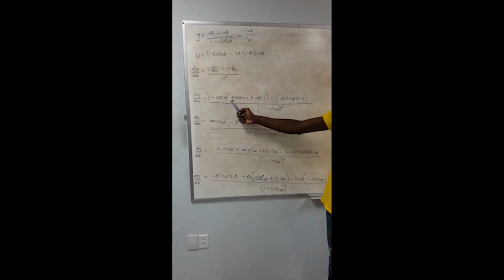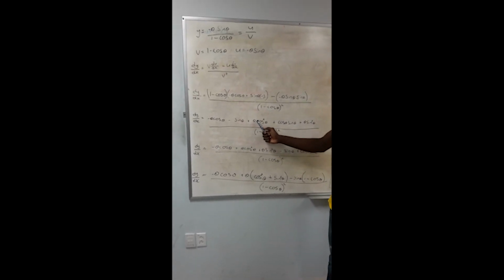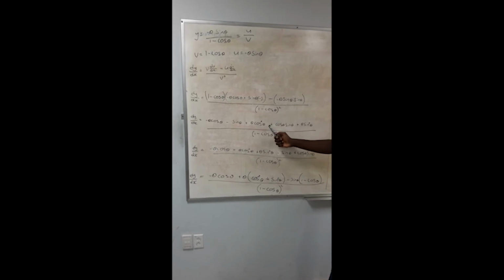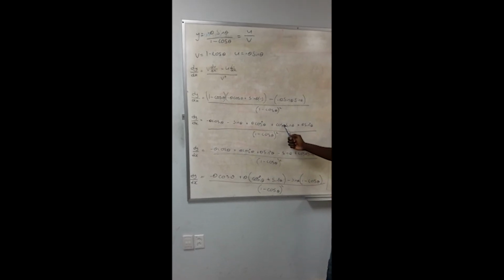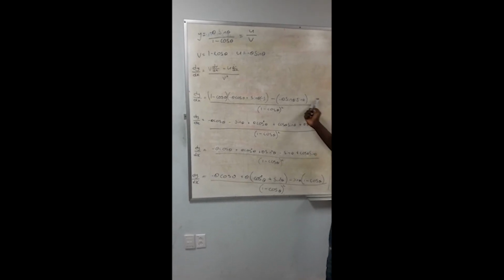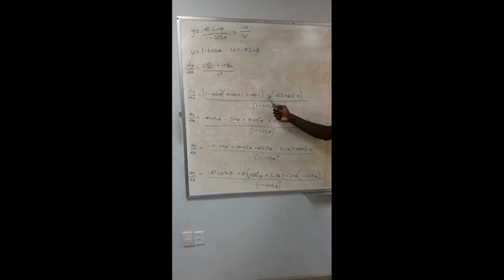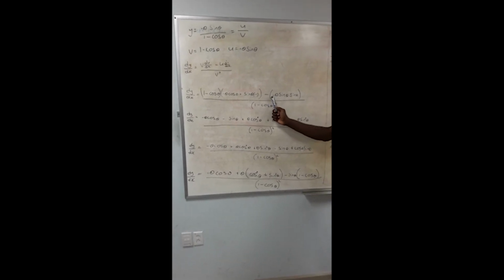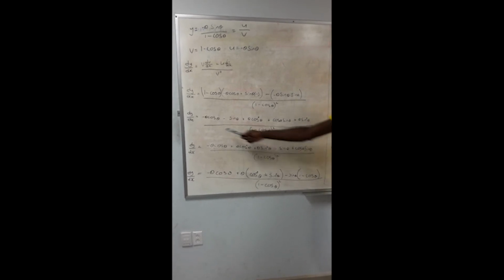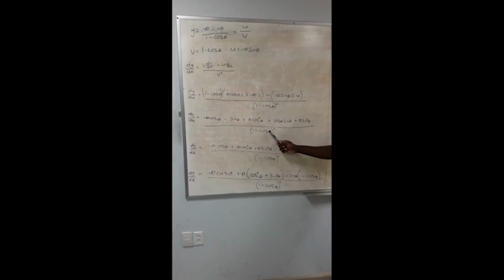So it's going to be minus theta times minus theta cos theta, which will give you positive theta cos square theta, plus cos theta sine theta. And this bracket, since you have two like signs here, is going to be plus theta sine square theta, all upon (1 minus cos theta) all square.